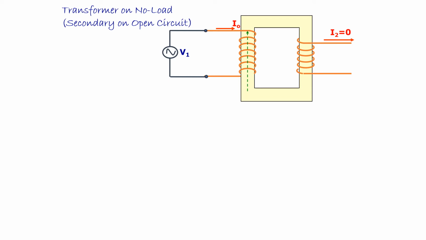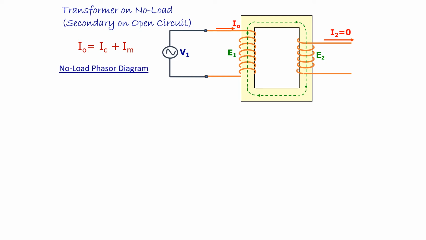The input current I0 will produce flux in the core. This flux will pass throughout the core and link the secondary winding also. E1 is induced in the primary, E2 is induced in the secondary. The no load current is of two components, IC plus IM.